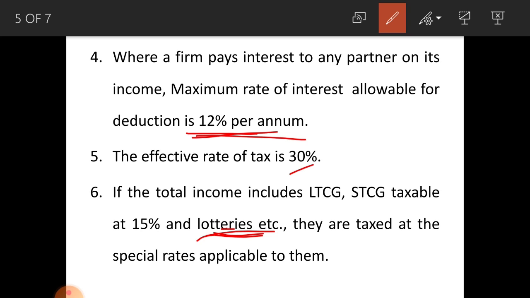Income from a lottery etc. includes all casual incomes earned from various activities. For that you have to pay at the special rate. For example, long term capital gain at the rate of 20% or 10% as the case may be, and short term capital gain taxable at 15% etc. For that there are special rates, and here you cannot apply the 30% on these three incomes.